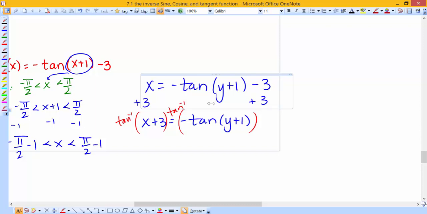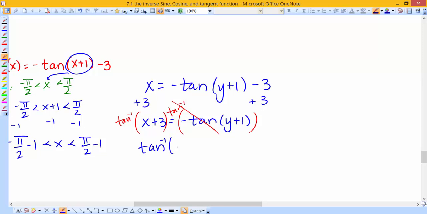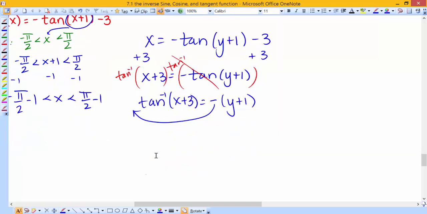Then I'm going to move my negative. So here, this cancels. Let me change my color back. Tangent inverse of x plus 3 equals negative y plus 1. Now I'm going to divide by negative 1, and that negative is going to end up out front regardless. So let me switch this around because I prefer to see the y on the left side.